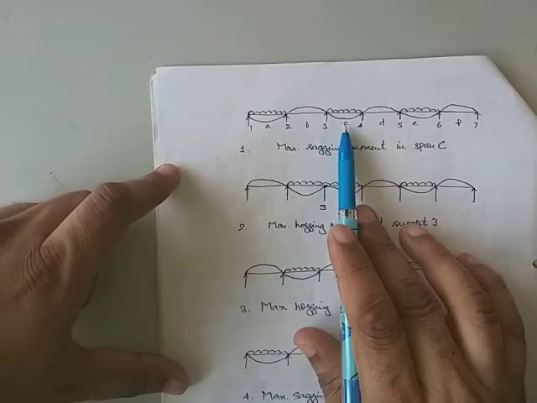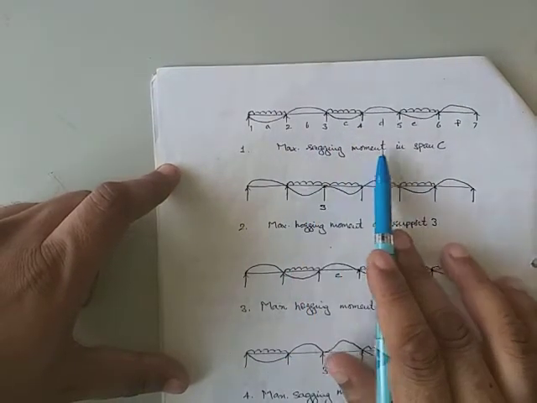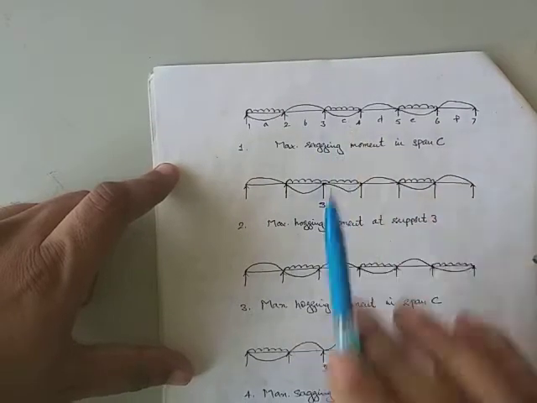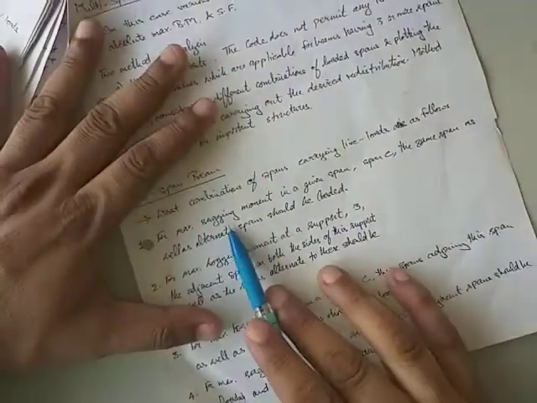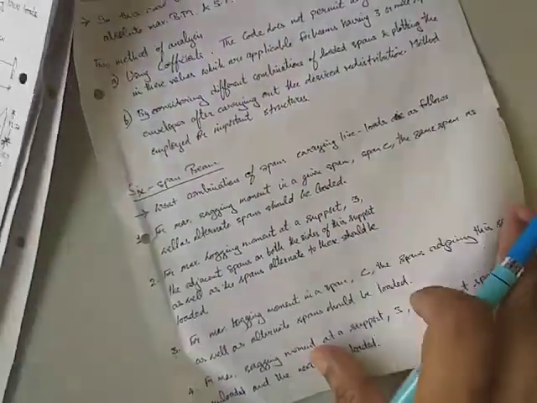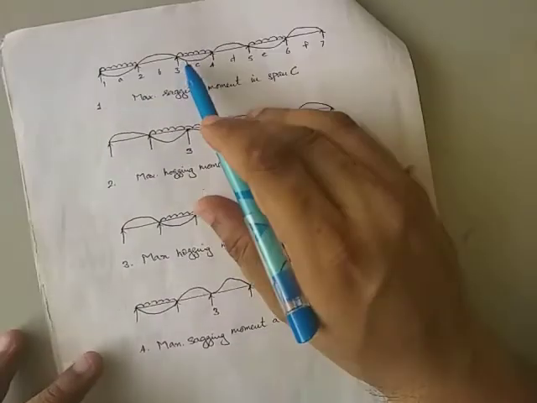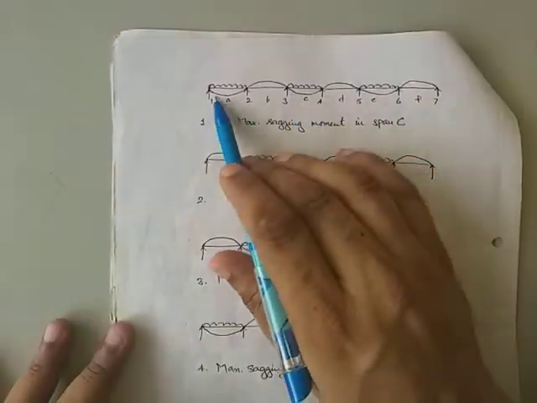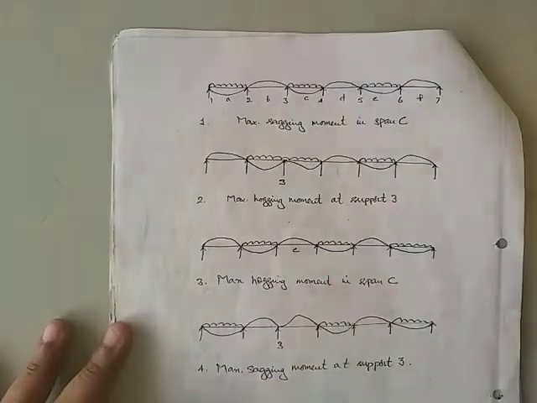So the case becomes: the same span as well as the alternate spans should be loaded. So this is the first case.